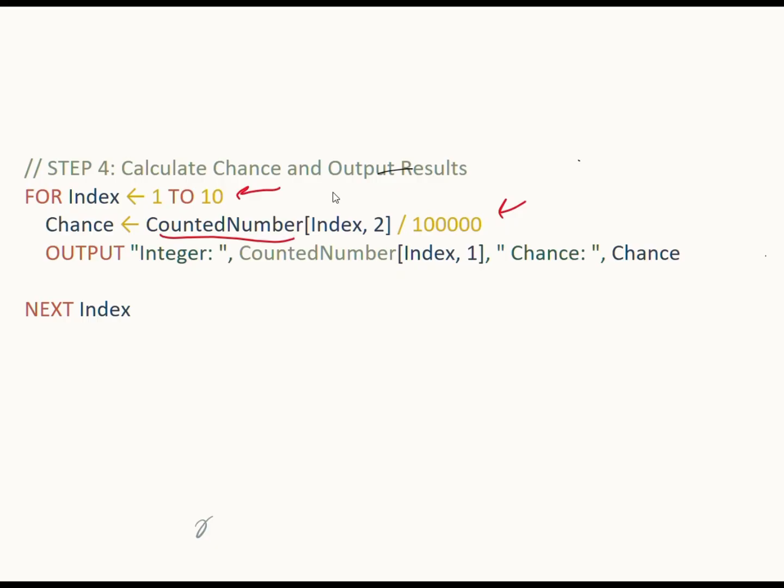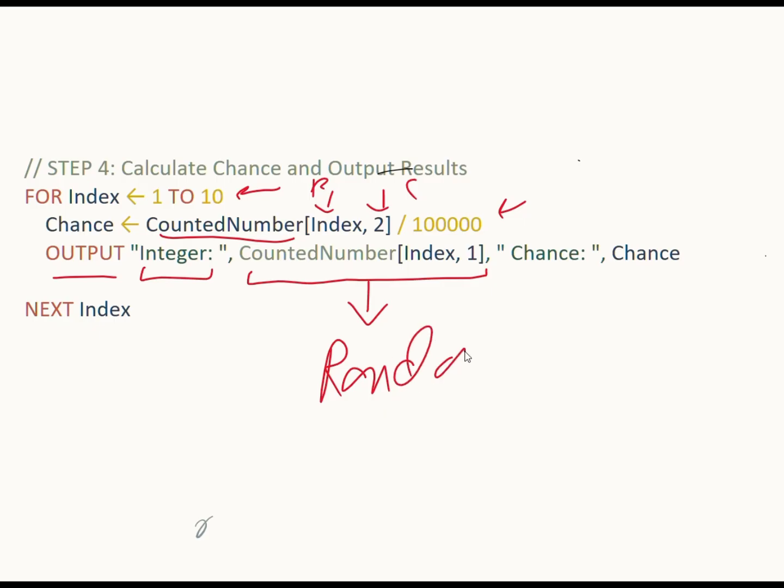The array name, index, and second column. This one is row and this one is column. Then we output this integer, which is the variable counted number index 1. This one was the random number. And this is the chance for the random number. Here we calculated the chance.